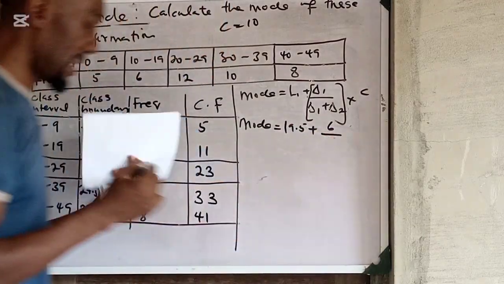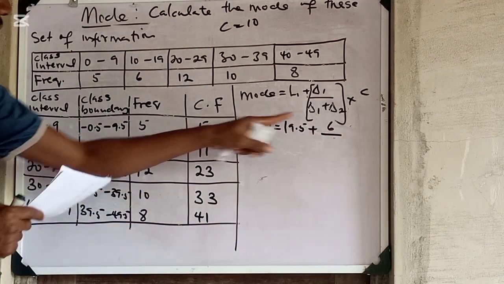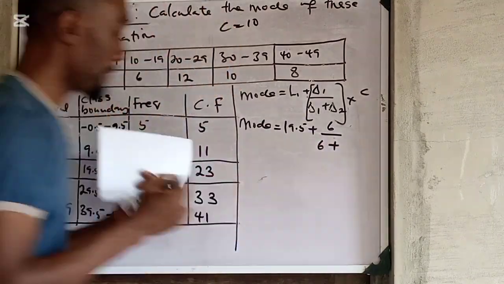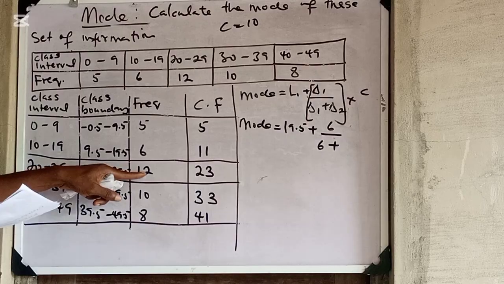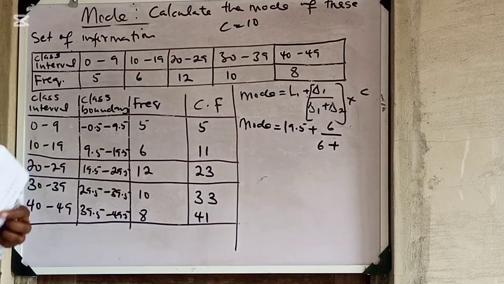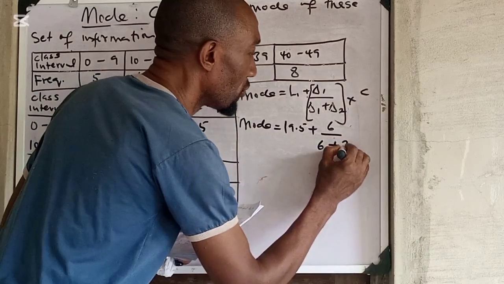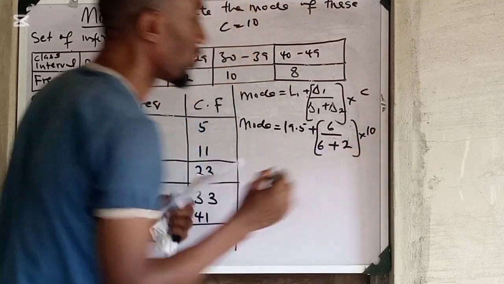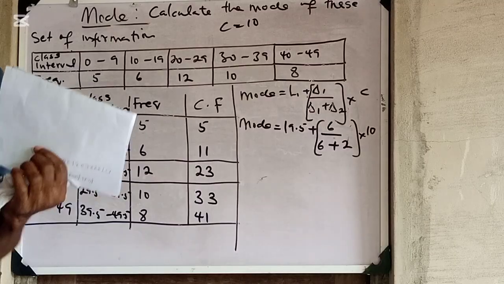Which is equal to 6, all divided by D1, which we know is 6, plus delta 2. Delta 2 is the difference between the modal frequency and the frequency of the class after it. That means 12 minus 10, which is 2. So plus 2, all of them multiplied by 10, because we know that class size is 10.